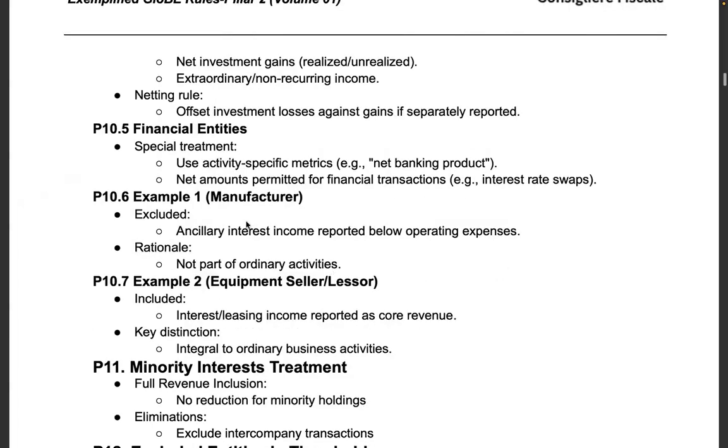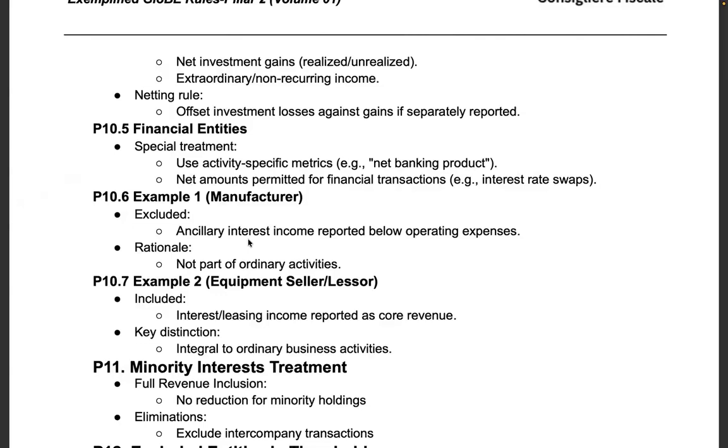One example has been quoted in paragraph 10.6. Ancillary interest income reported below operating expenses. It's very commonplace if you look at so many financial statements of non-financial entities, as mentioned here, a manufacturer.